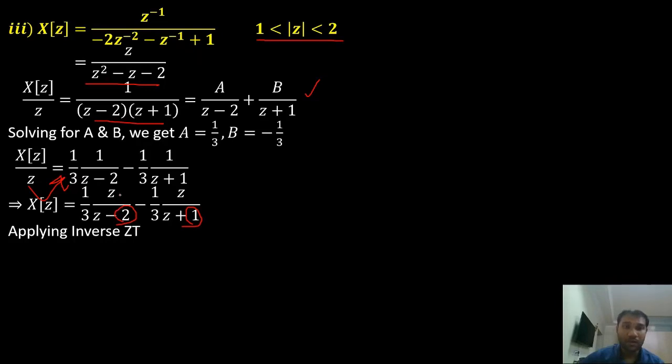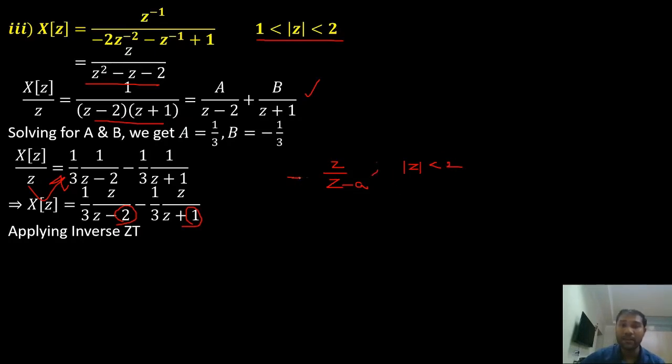When I have z by z minus a, what is my corresponding ROC for this pole? It is mod z less than 2.